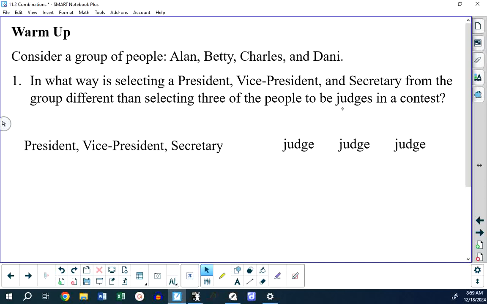So in the end, getting 3 judges is just getting 3 judges. These are positions, so order is important. You can imagine it being the president, vice president, and secretary of the school student council, and they have a council meeting room, and the president has a nameplate engraved into the table, and the vice president has a nameplate engraved into the table, and so does the secretary.